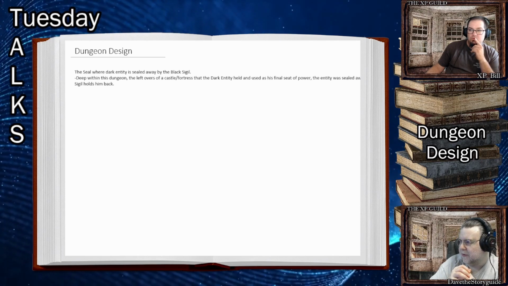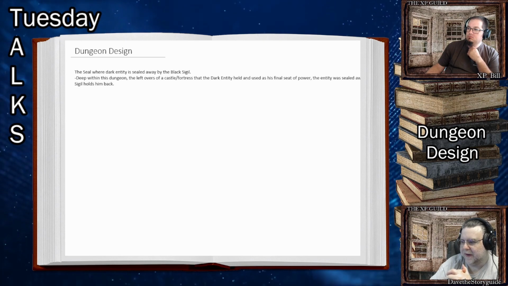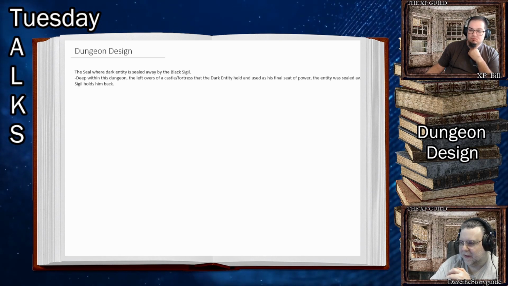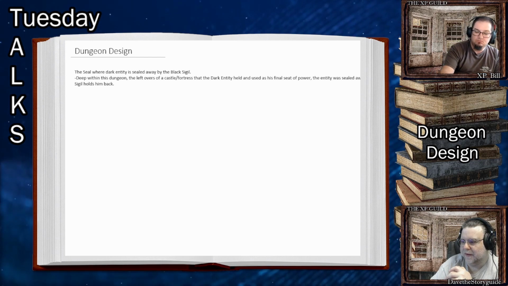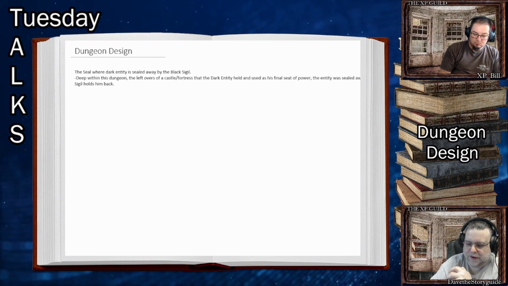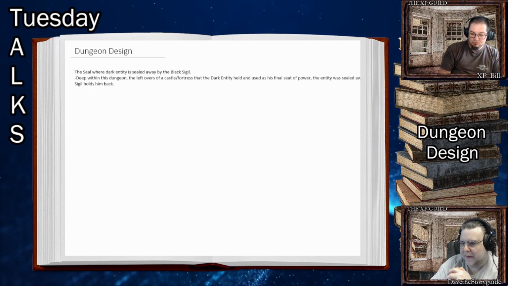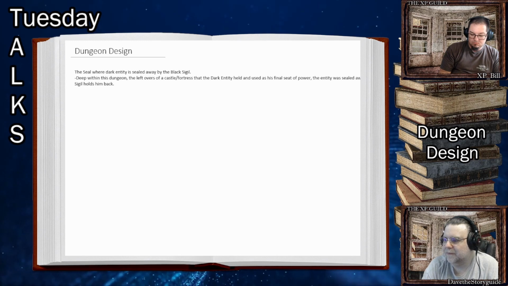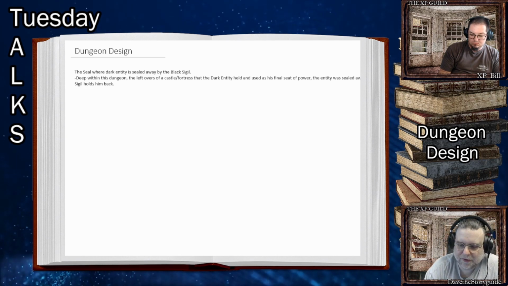And so right now we're actually building the dungeon itself that houses the entity and the ecology of it: what keeps it within, what guards it, what lurks in the dark shadows, and what traps and whatever, because people are curious. They want this power.